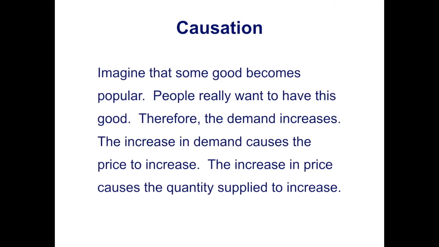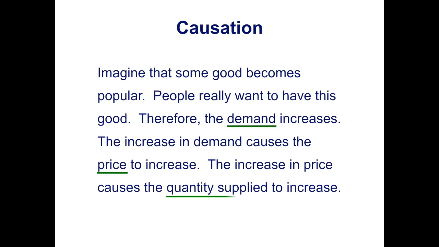Imagine that a good becomes popular. Consumers really would like to purchase this good, so it's become fashionable to have this particular good or service. As a result of this good becoming fashionable, the demand increases. The increase in demand is going to cause the price to increase.